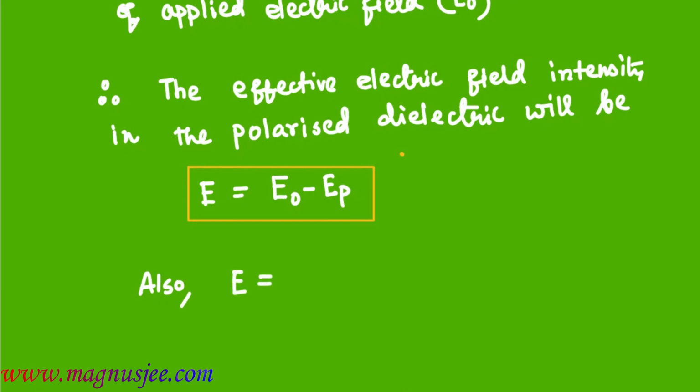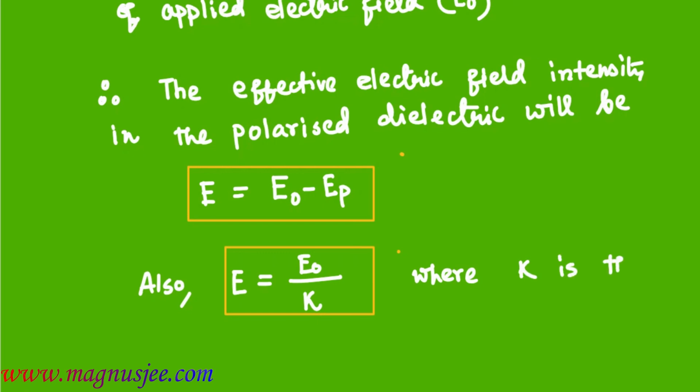Also, E equals E0 divided by K, where K is the dielectric constant of the dielectric material.